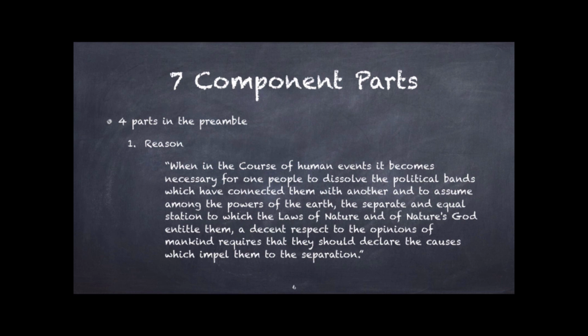They recognize if a group of people is going to dissolve their relationship with their government, they need to tell the world why. Because this is about as much of a treasonous, catastrophic thing to do in society as separating from your government. You better have a good justification. And here's another reason.